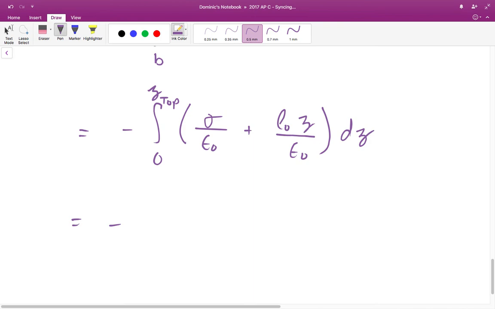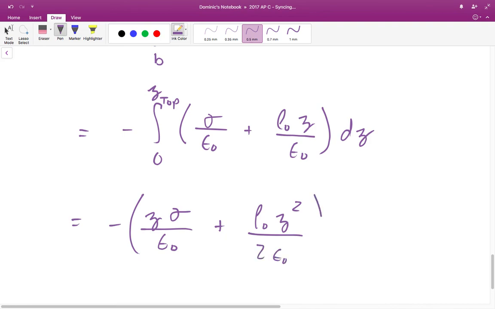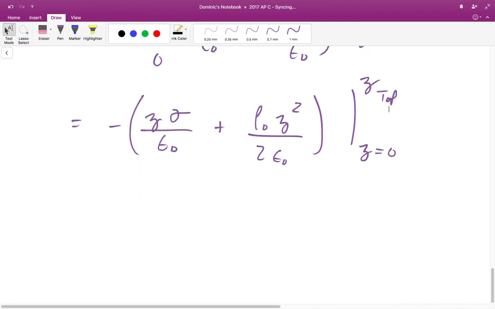I'll put the negative outside parentheses: z sigma over epsilon naught, plus rho naught z squared over 2 epsilon naught as the integral. Then we evaluate from z equals 0 to z top, which is 5 millimeters.